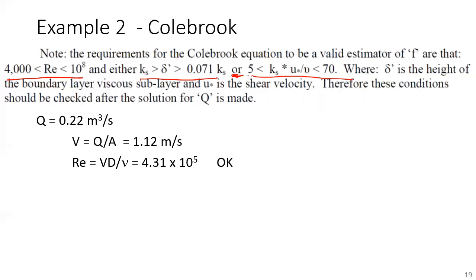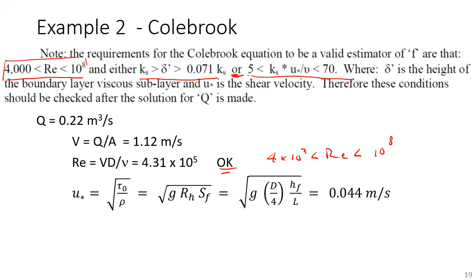And that Reynolds number is 4.31 times 10 to the 5th, and we need it to be between 4 times 10 to the 3 and 10 to the 8th. We certainly meet that range. That's okay. The other requirement was this curious term, k_s times u* over ν. So u* is known as the shear velocity.